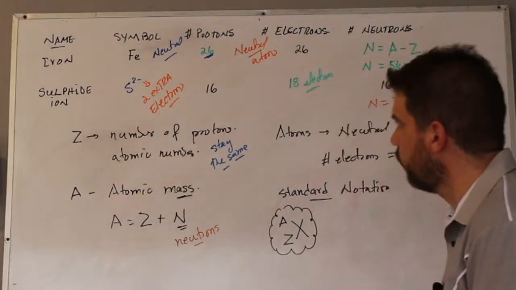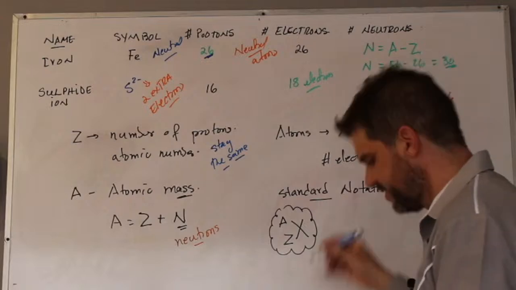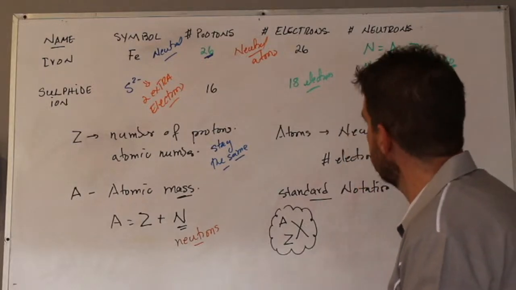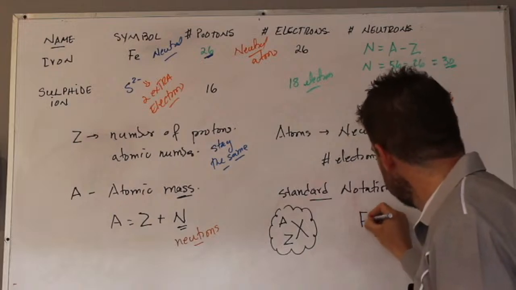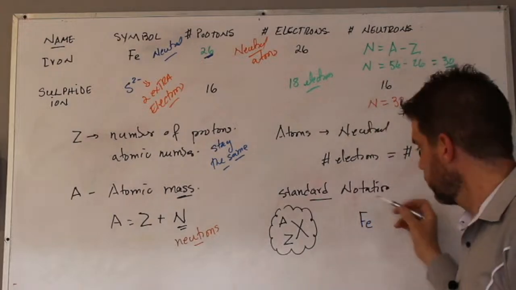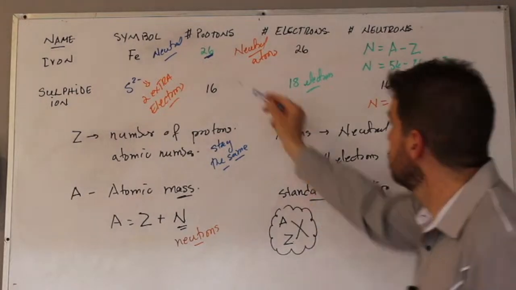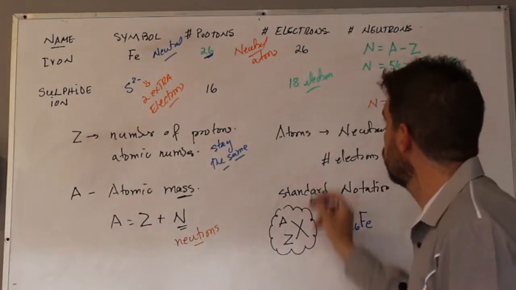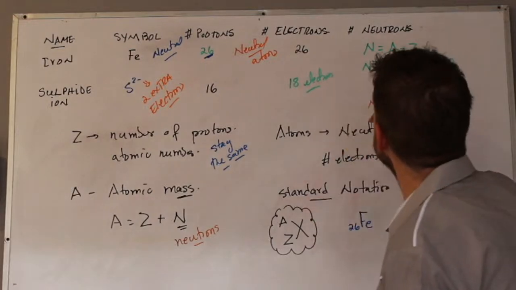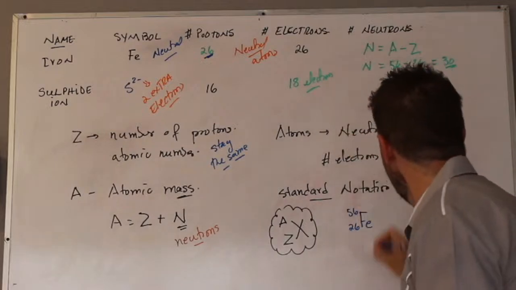So let's do it for both of them. If you go for iron, the standard notation for iron, the element is Fe. The atomic number, the number of protons, which is 26, is at the bottom, and the atomic mass, 56, is on top.